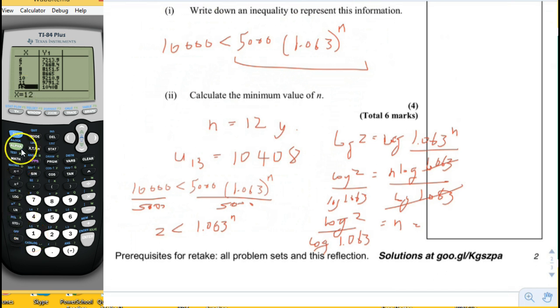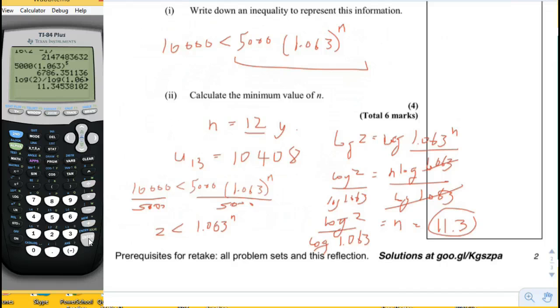And of course we need the calculator to help us do that. Log of 2 divided by the log of 1.063 gives 11.3. Okay, so a minimum of 11.3 years to get to 10,000. So if n is an integer, then you would round that up to 12. That's it.